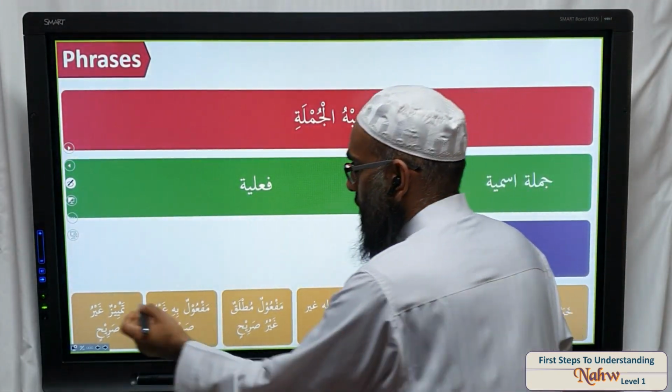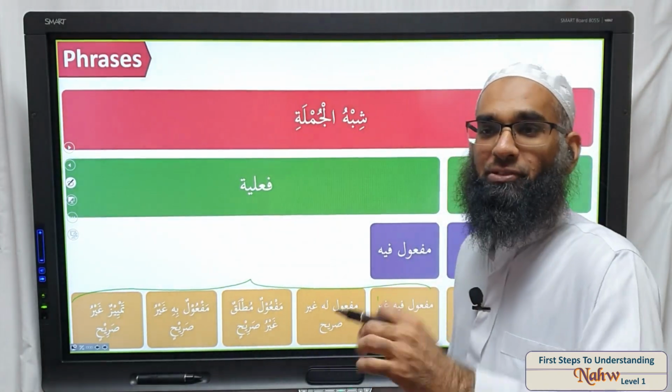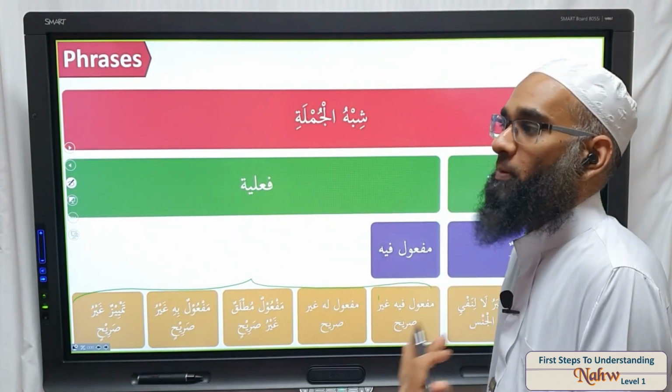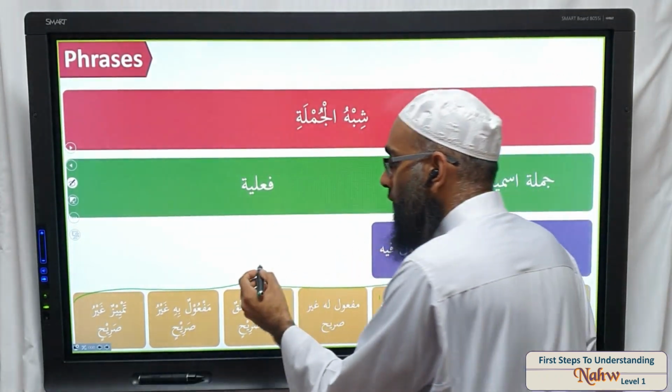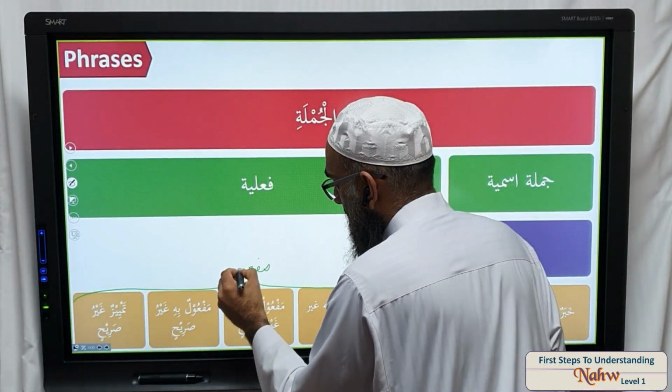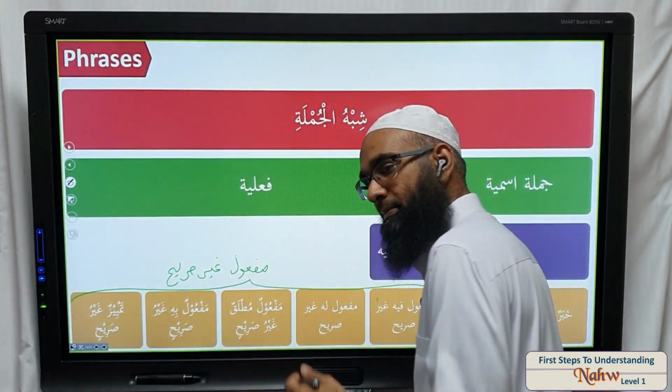Simply label it as that, if you're struggling, and don't be lazy and just leave it all out. But if you're genuinely struggling, or you can't figure it out, just know that it will be one of the maf'ulun ghayr sarih slots. Okay? Try to make it simple.